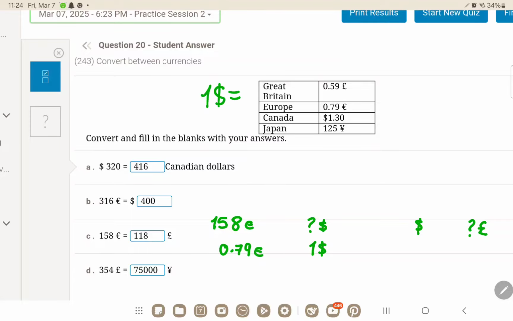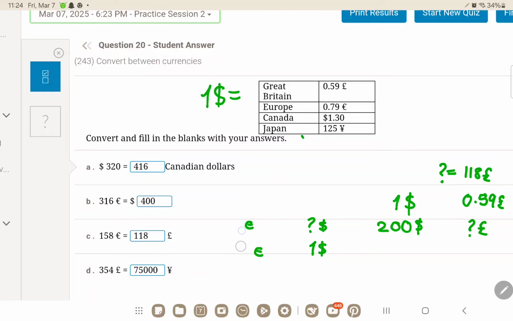Now 158 divided by 0.79 will give you $200. So we know that $1 is 0.59 of a pound. Now 200 times 0.59 equals 118 pounds, and that is it.